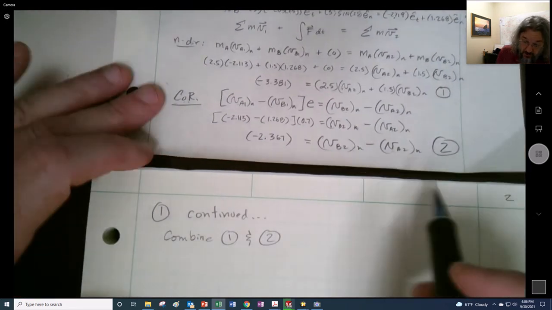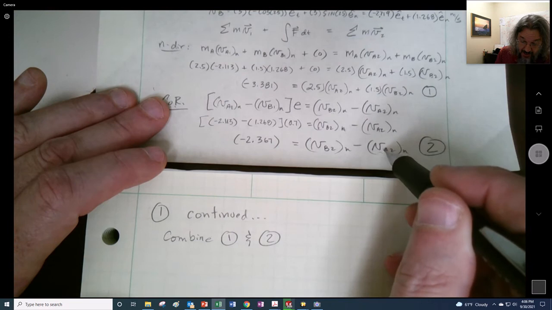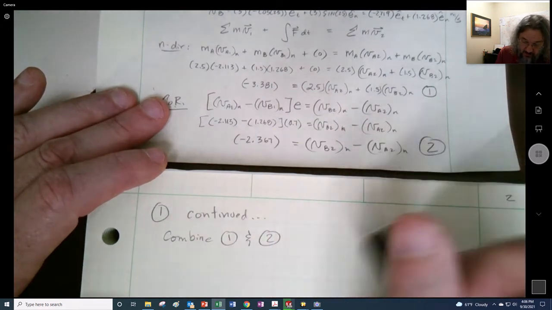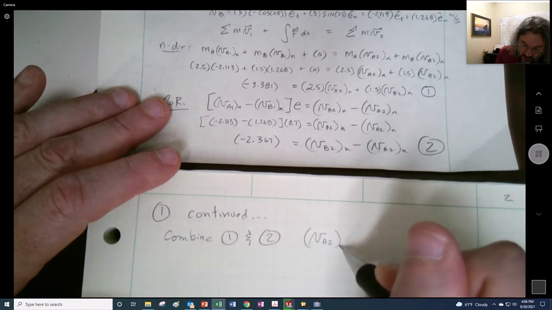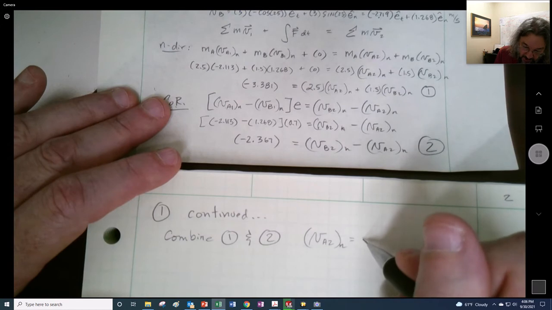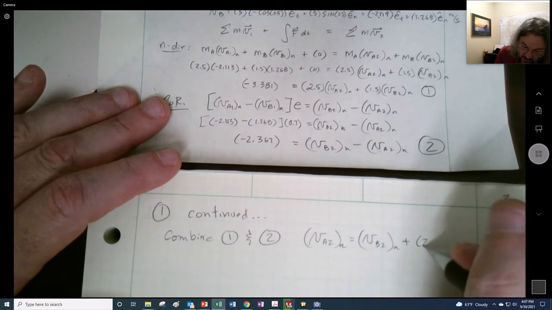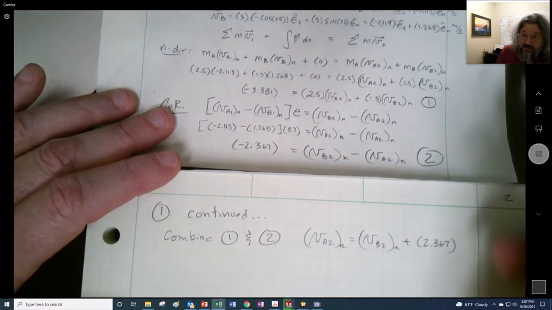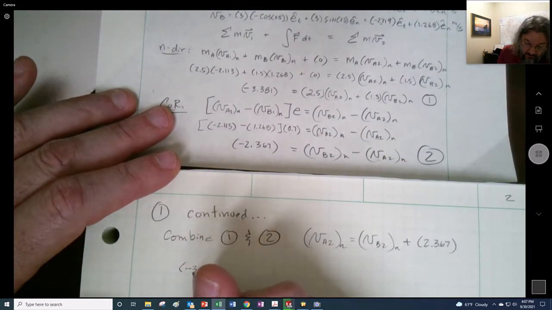All right, so my approach here is just to solve for A. That looks pretty good because that'll go over this side, be positive, and this side come over, be positive, right? So we'll take VA2 in the normal direction, and that's going to be VB2 normal plus 2.367. And then we're going to put that back into here. So we'll take negative 3.381.